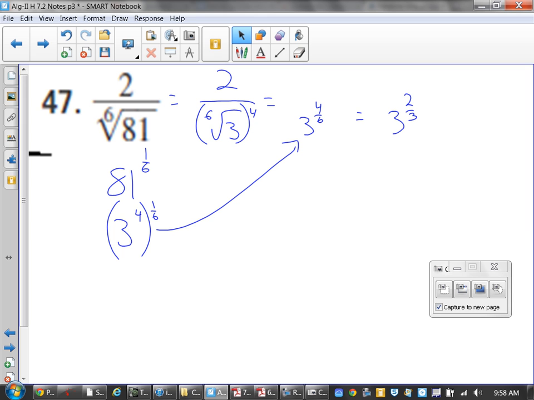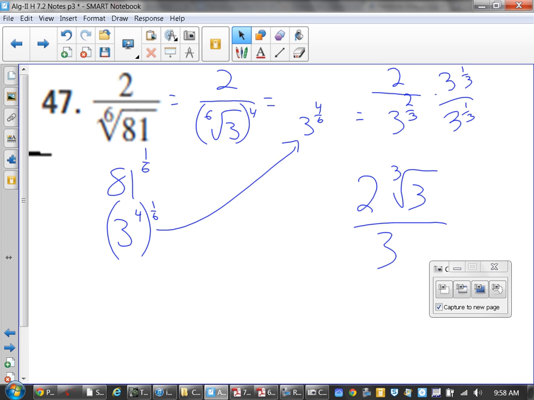What do I have to add to that to make it a whole? 1/3. So I have to multiply top and bottom by 3 to the 1/3. Now, 3 to the 1/3 is the cube root of 3. You agree? So my final answer becomes 2 cube root of 3 all over 3.